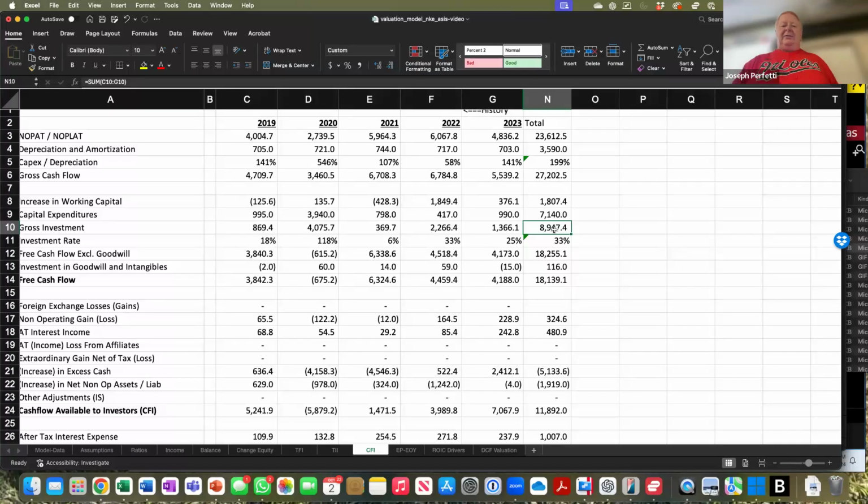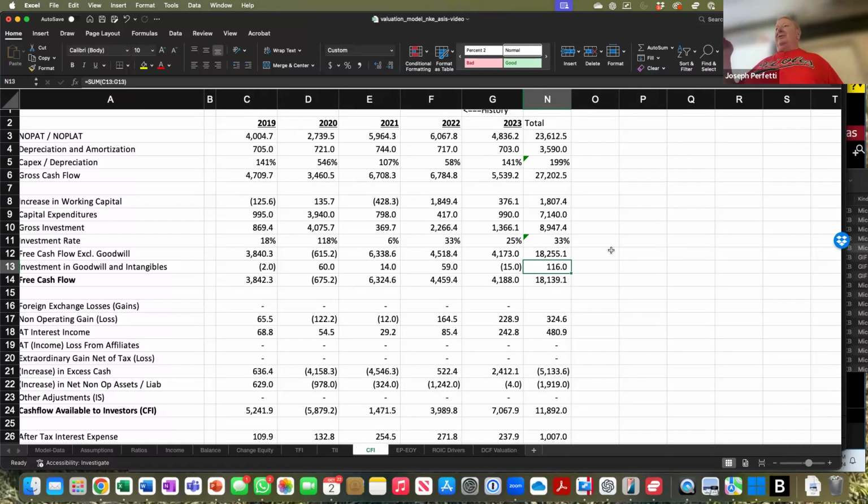That represented a 33% reinvestment rate, a little lower than Costco, and theoretically a 67% payout rate. Okay. Now, that gave them 18.2 billion free cash flow before acquisitions. They spent 116 million on premiums for goodwill, giving them 18.1 billion of free cash flow after goodwill.